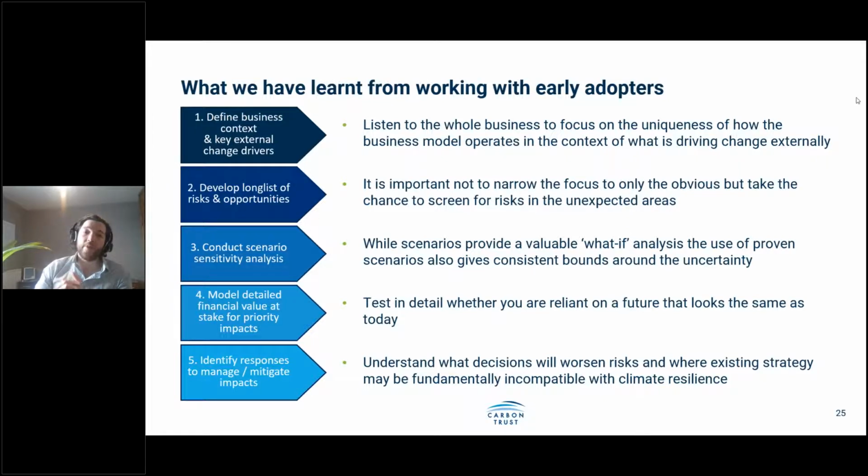So what I would say is use of those proven scenarios provides good comparability of your results as compared to immediately going down the very bespoke angle where that comparability is often lost.